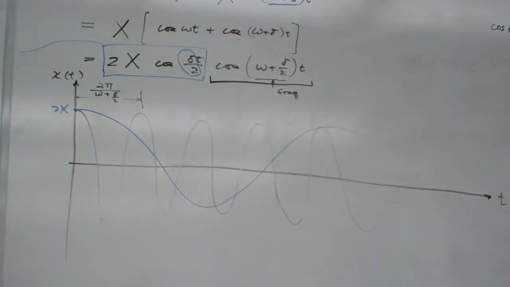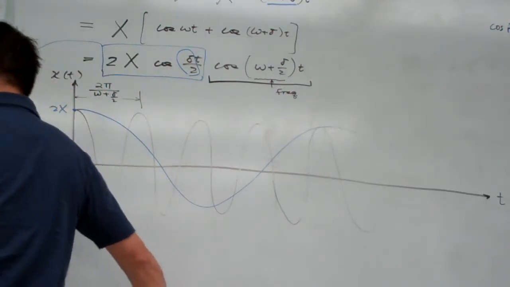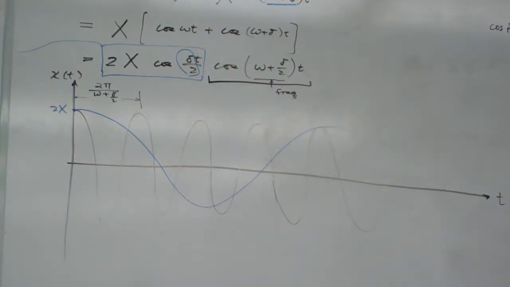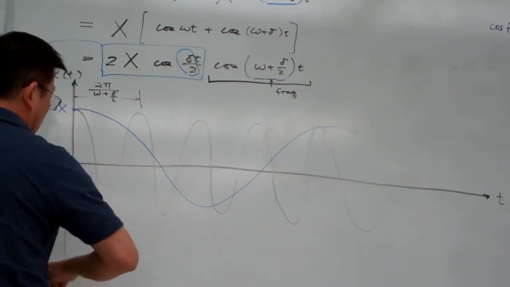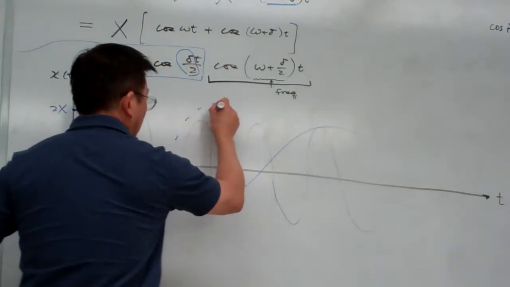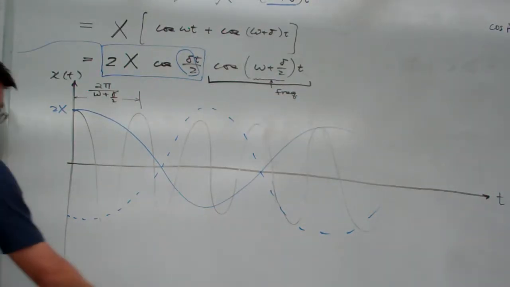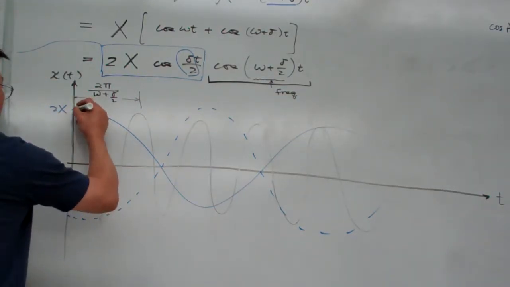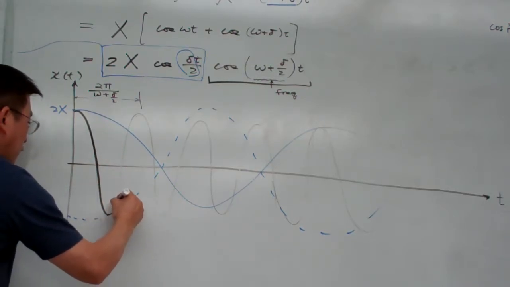And now I can precisely join the vibration of this original system. I'm going to use the black one. I put this symmetric. That's an envelope. So for this envelope, the whole vibration is basically confined in such an envelope.